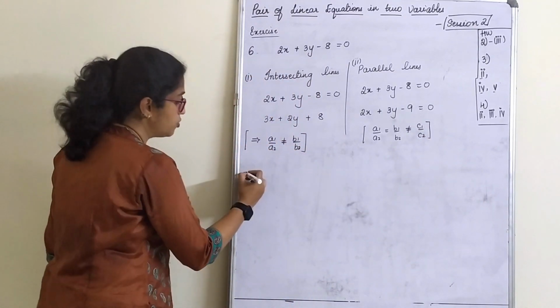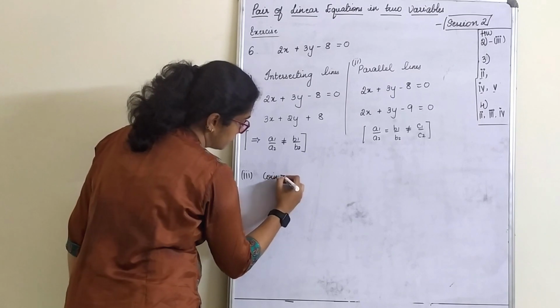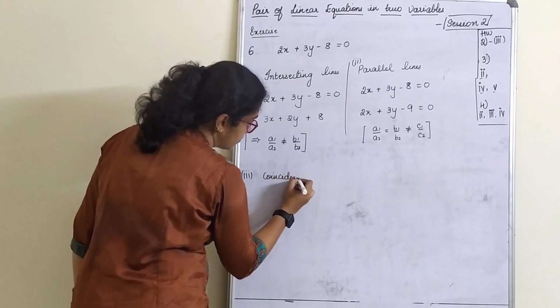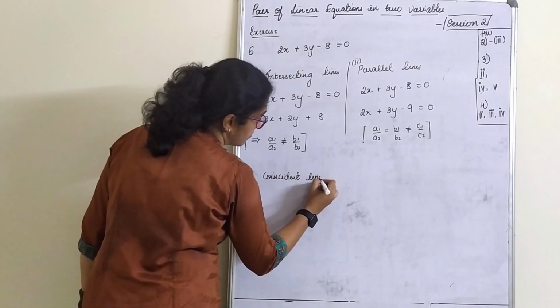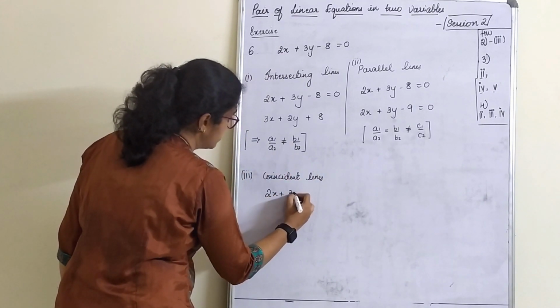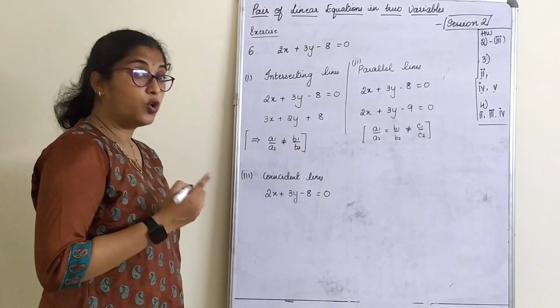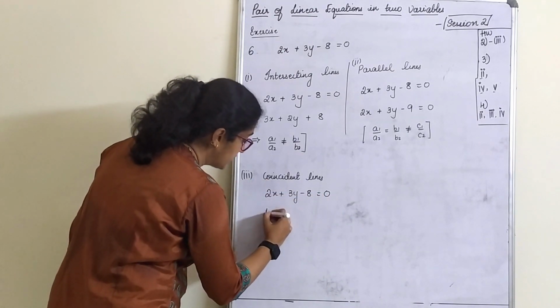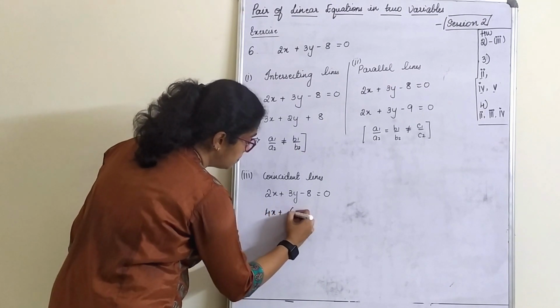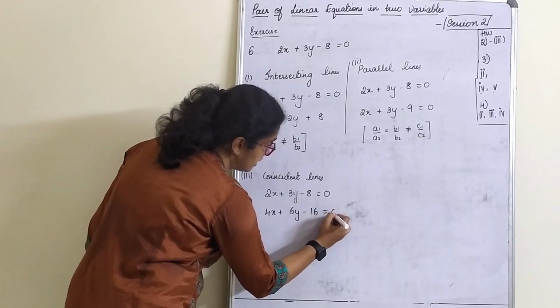Clear? The last one is given as coincident lines. Write the question as it is: 2x plus 3y minus 8 is equal to 0. I'll multiply the whole equation by 2. I'll make this 4x plus 6y minus 16 is equal to 0.